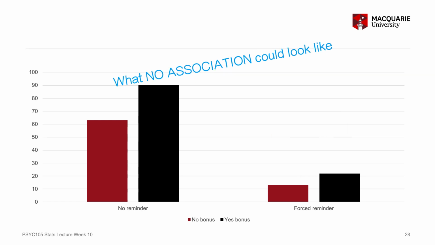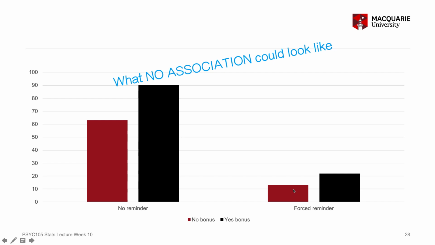And another example of what it could look like is this slide, slide 28. What this shows is that even though there's a lot more people in the no reminder group than the forced reminder group, and that's represented by the fact that both of the bars are much taller in the no reminder group, the comparison between the red and the black bar in the no reminder group is similar to the comparison between the red and the black bar in the forced reminder group.